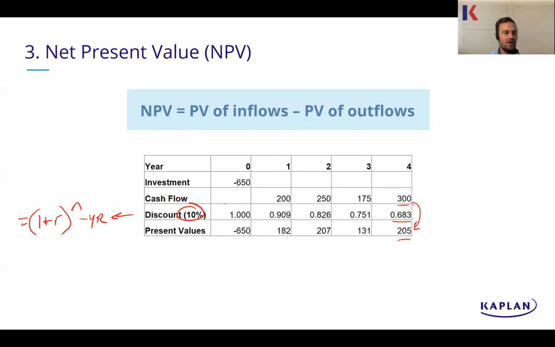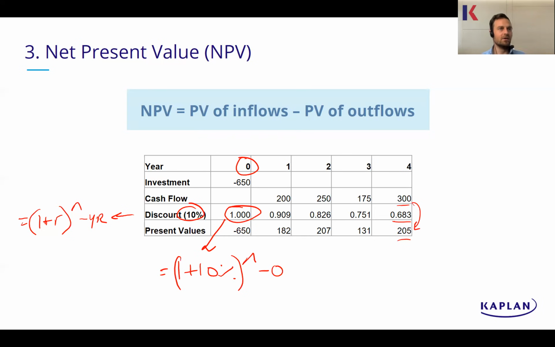So for example, here, that would be equals 1 plus 10% to the power of minus, and then I click on that cell there. So that would be minus 0 in this situation, and that'll give you 1. And then if we do year 1, it will do it to the power of minus 1.